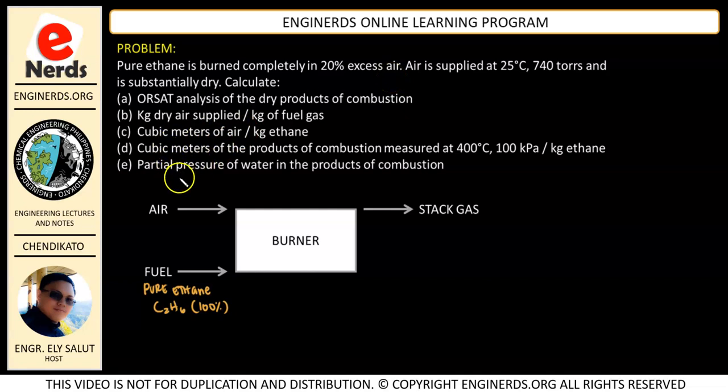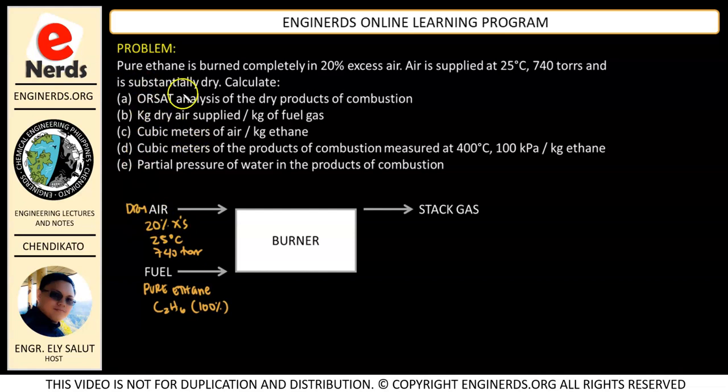So we have 20% excess air here, supplied at 25 degrees Celsius and 740 torr. And it is substantially dry, so we have dry air as our supply.